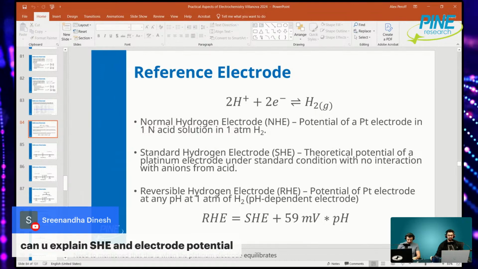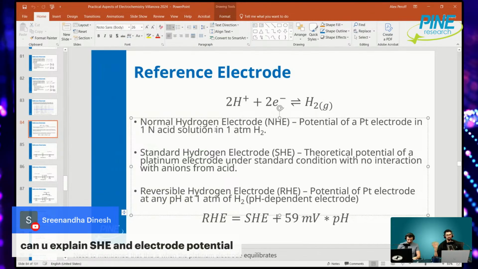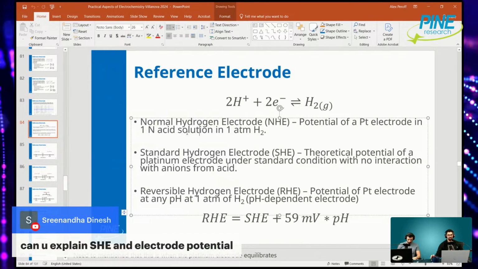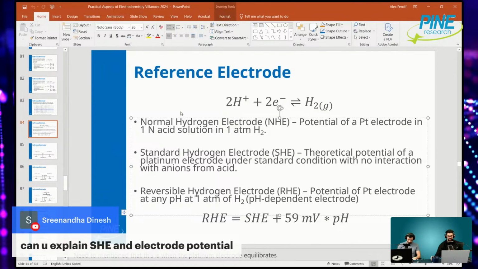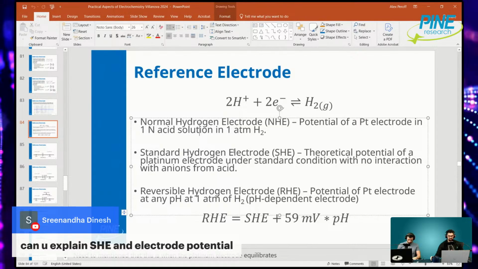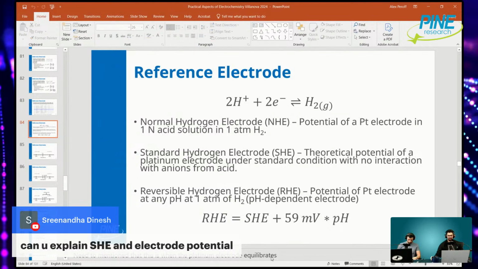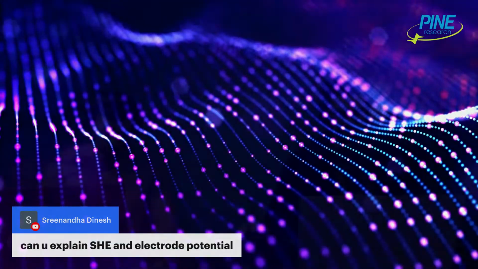It's often the case that with an NHE, you are using sulfuric acid or hydrochloric acid, and those work really well, but there can be interactions of platinum with the anions that can affect the potential of the reaction. So the standard hydrogen electrode is that theoretical potential, assuming that there are no interactions from anions in solution. Hopefully that answers the question, what is SHE?